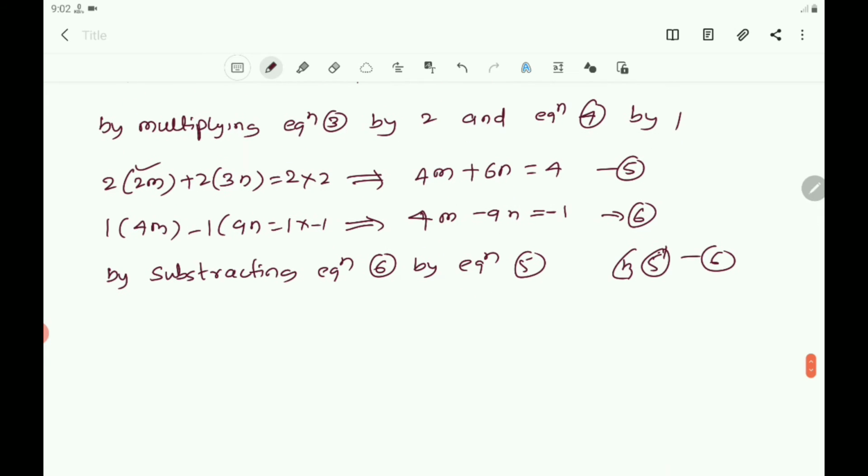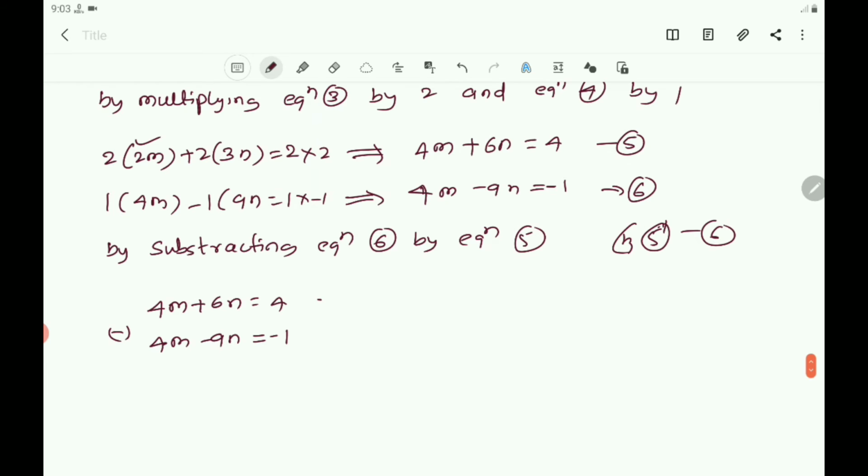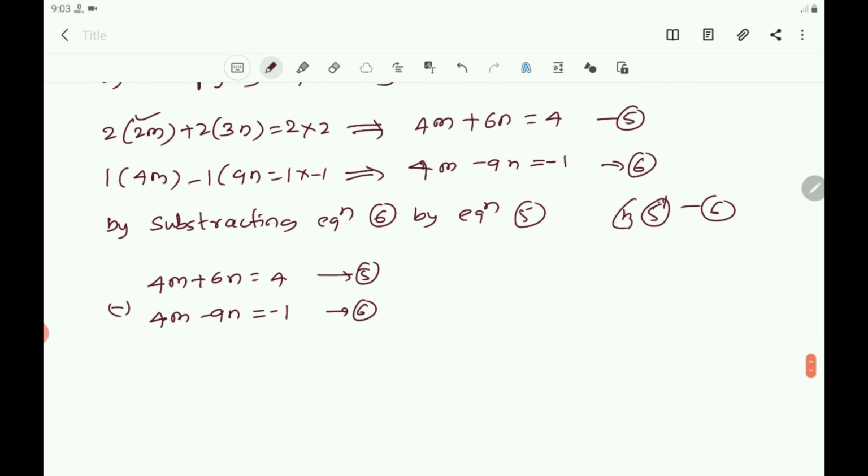You write fifth first, that is 4m plus 6n is equal to 4. Subtraction: 4m minus 9n is equal to minus 1.